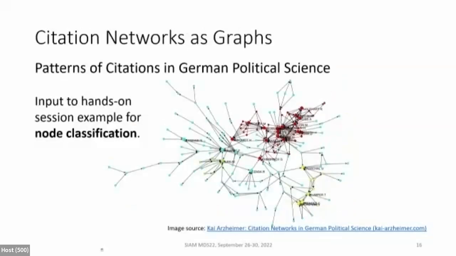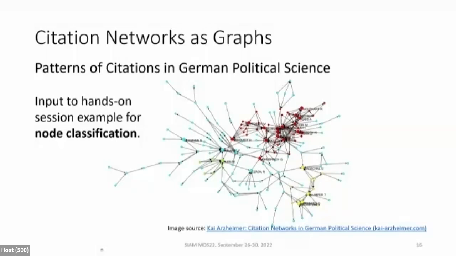And another example related to this type of social network recommendation graphs is the citation network. This example here comes from the patterns of citations in German political science.